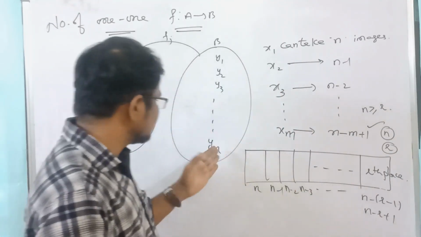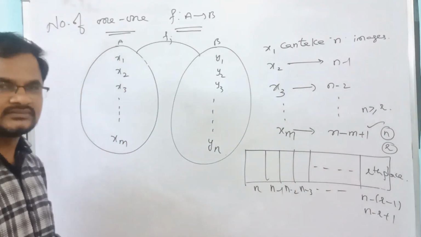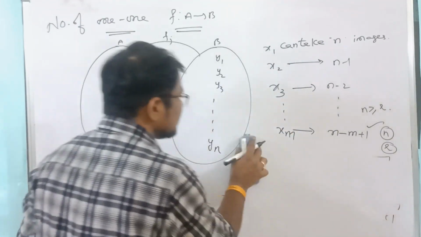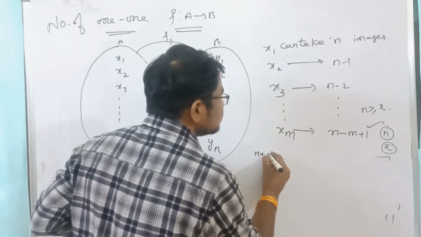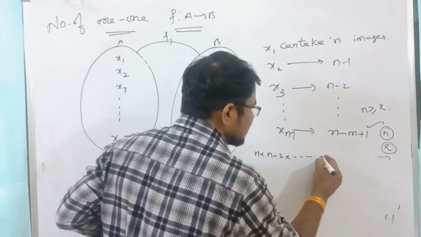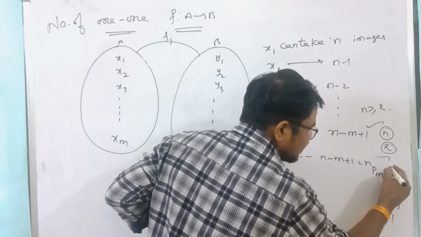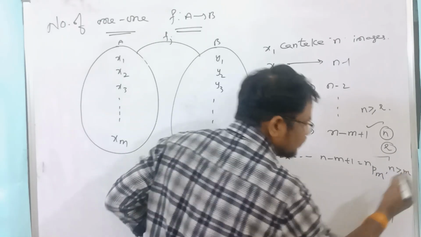In place of r, here what is there? m is there, right? So it can be written as n into n minus 1 into n minus 2 into etc., n minus of m plus 1, which can be written as nPm, where n is greater than or equal to m.